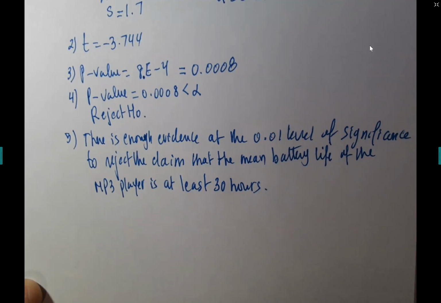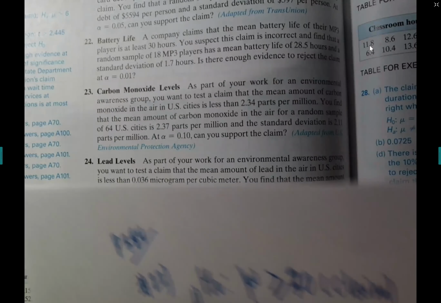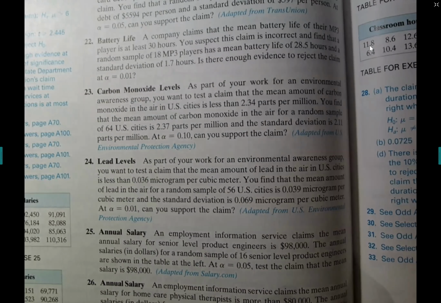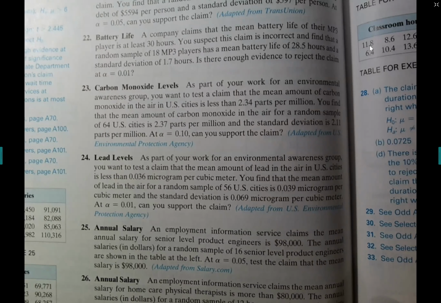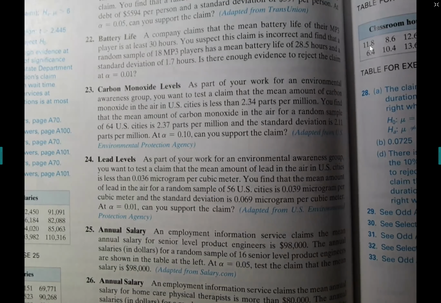Okay, so that's an example of 7.3, and let's do another one. I want to pick one where the claim turns out to be, guys, in the alternative hypothesis. So let me just select another one.